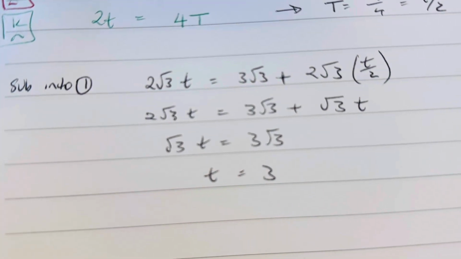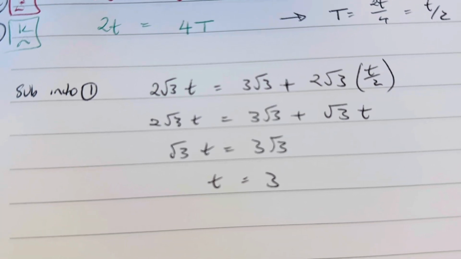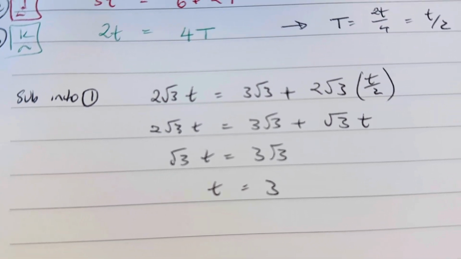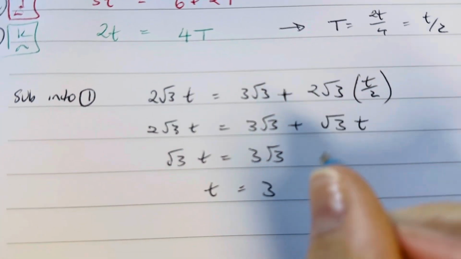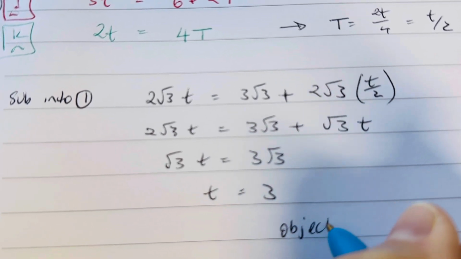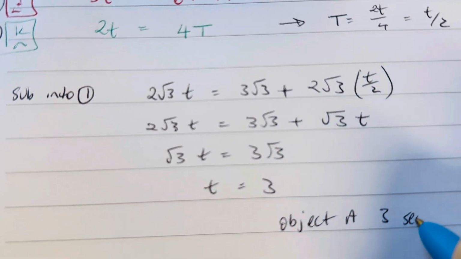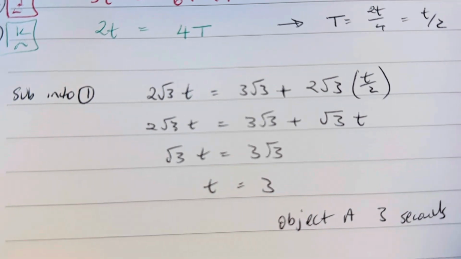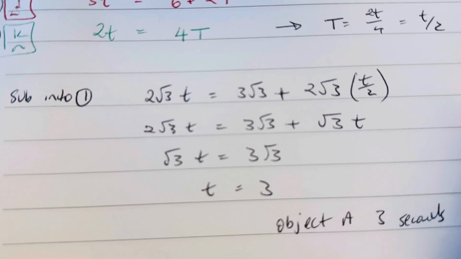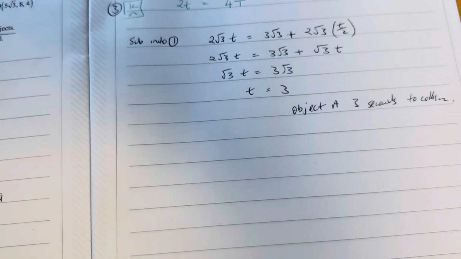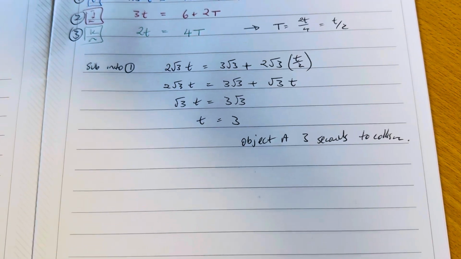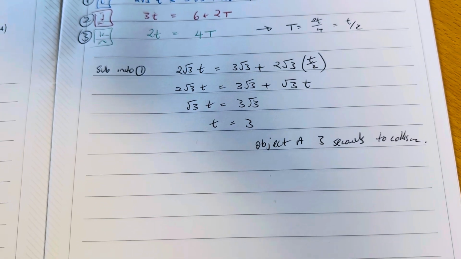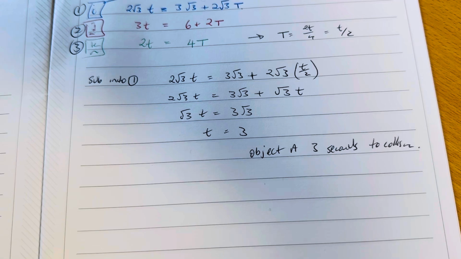So object A is 3 seconds to collision. That's object A, 3 seconds to collision. Okay, it's released at 3 seconds. Now, this question's a little interesting.